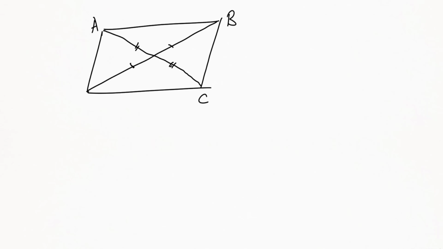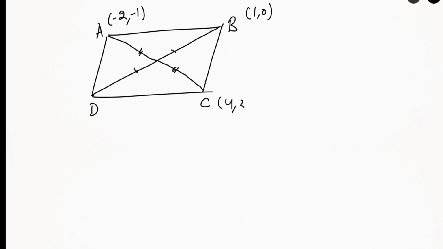A is (-2, -1), B is (1, 0), C is (4, 3), D is (1, 2). If you prove that the midpoint of the segments AC and BD is the same point, that means it is a parallelogram, right?